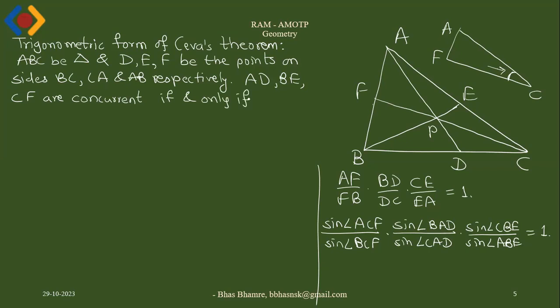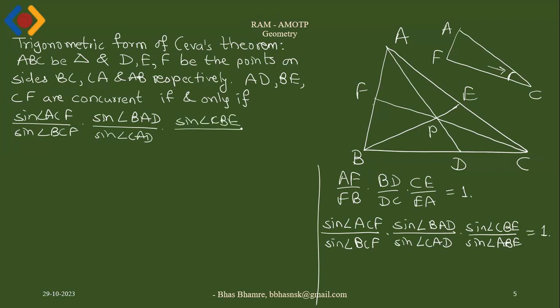this: sine of angle ACF upon sine of angle BCF, times sine of angle BAD upon sine of angle CAD, times sine of angle CBE upon sine of angle ABE, is equal to 1.